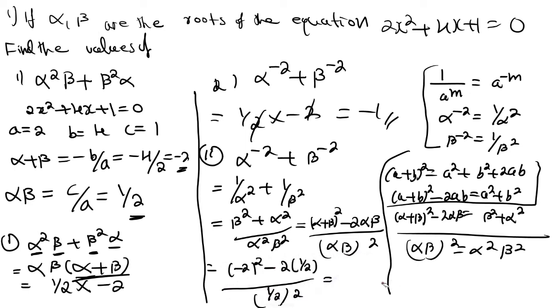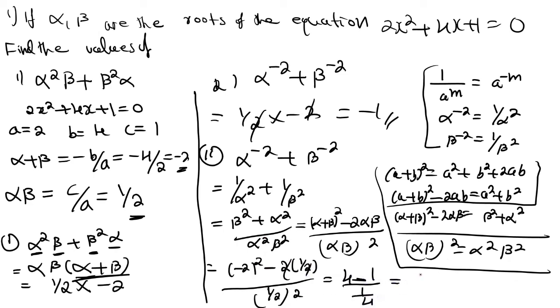If you simplify, minus 2 whole square is plus 4, minus 2 gets canceled, leaving 1, divided by (1 by 2) whole square, which is 1 by 4. It's equal to 3 divided by 1 by 4. The 4 moves to the numerator, so it's 12 by 1, which is 12.